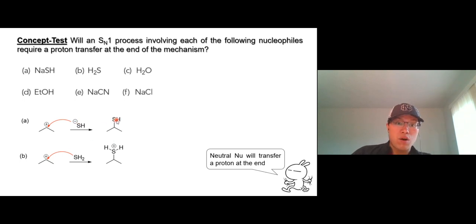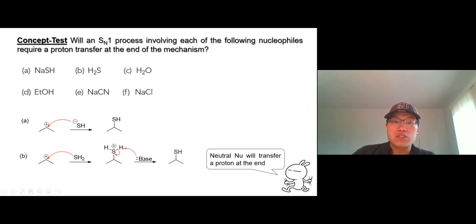Negative goes to 0, neutral. Neutral 0 goes to +1. See that? So it tells you if you see a neutral nucleophile, it gives you a hint that at the end you have to do a proton transfer, because right here a positively charged compound is usually a strong acid.